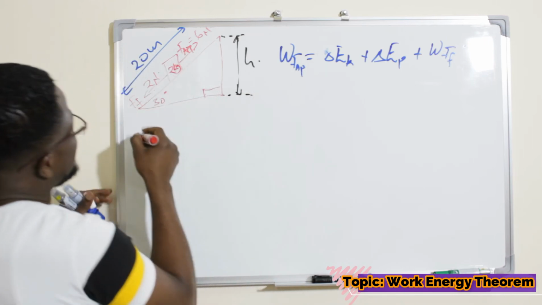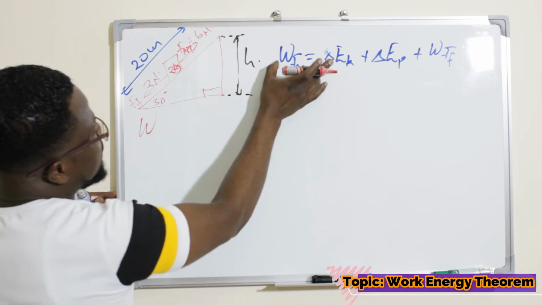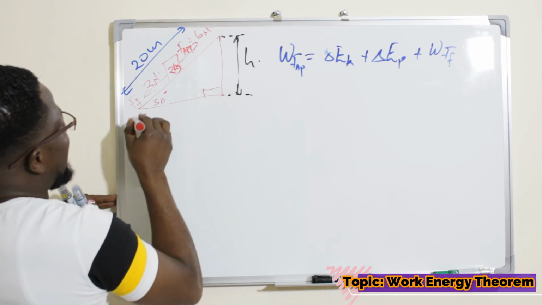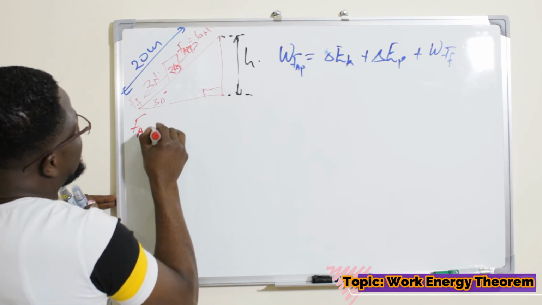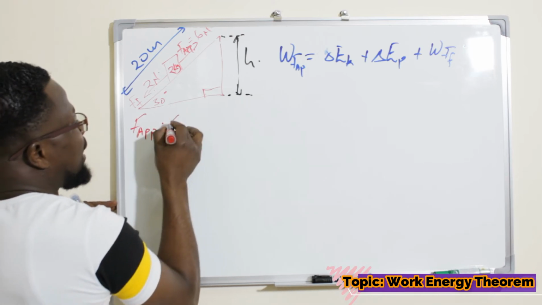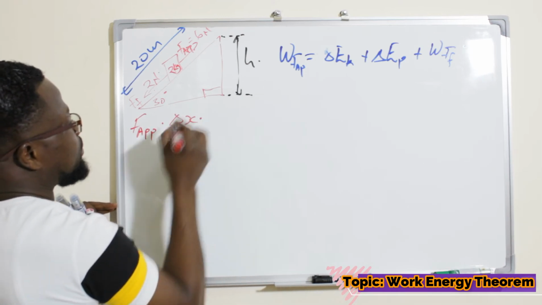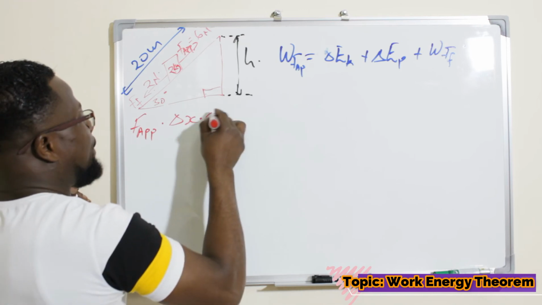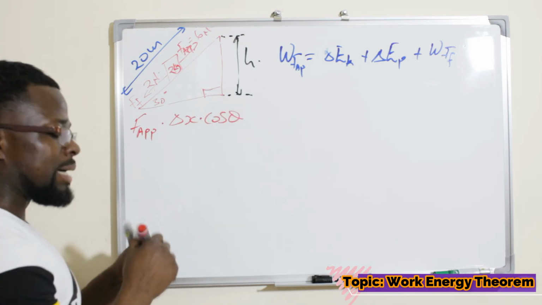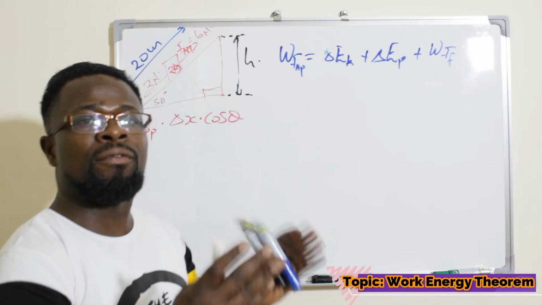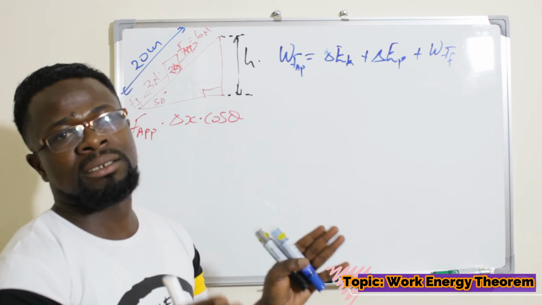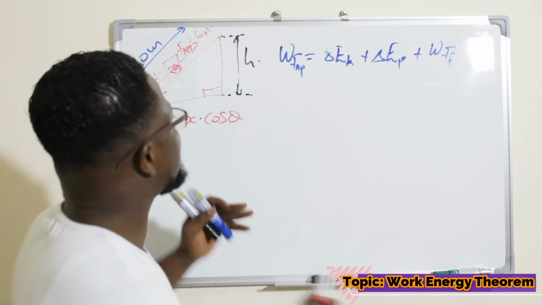The work done by the applied force is simply the applied force itself multiplied by the change in displacement multiplied by the cos of the angle between the applied force and the displacement of the object. Let's look at it.